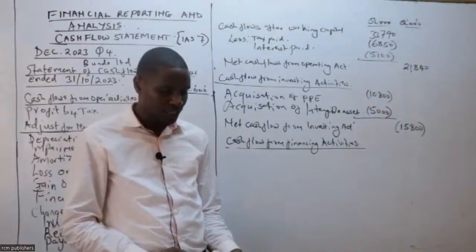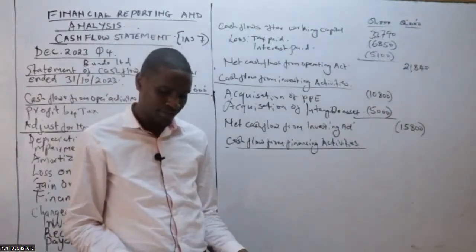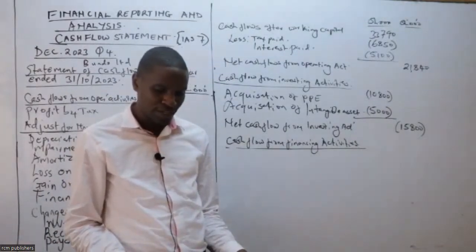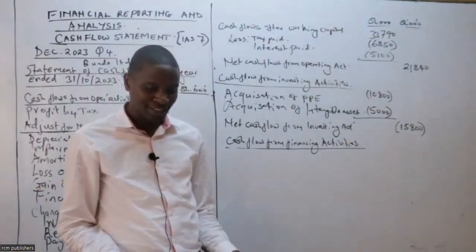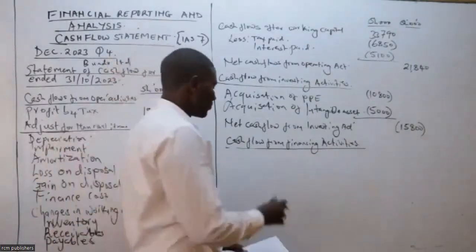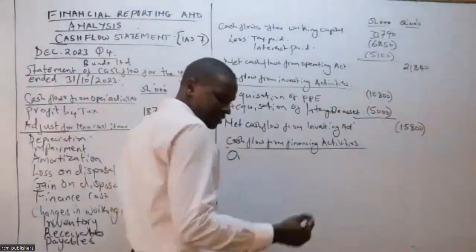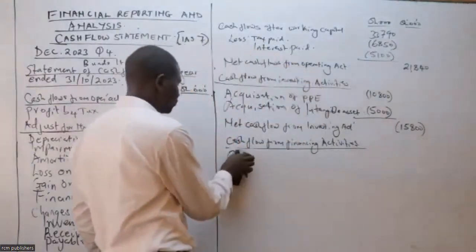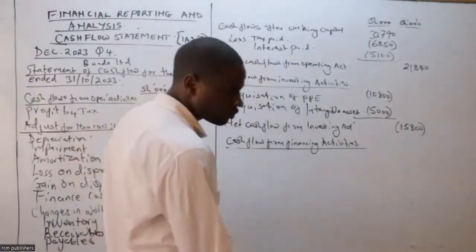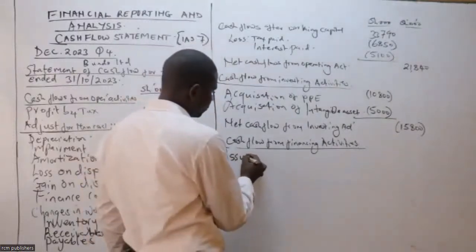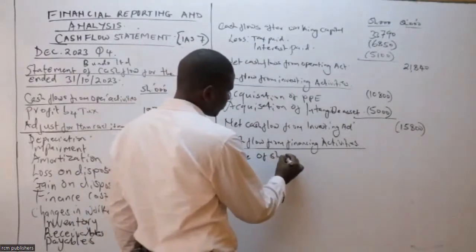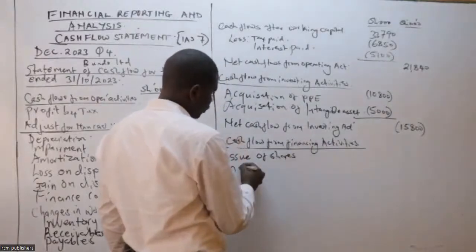So if I look at what I have here, closing is 40,000 and opening is 32,000. So ordinary share capital. So there was you can say issue. Tunaweza ziunganisha issue of shares, increase in share premium.